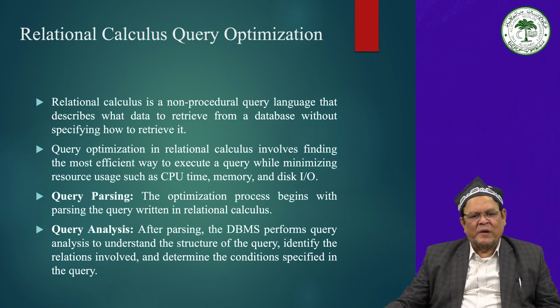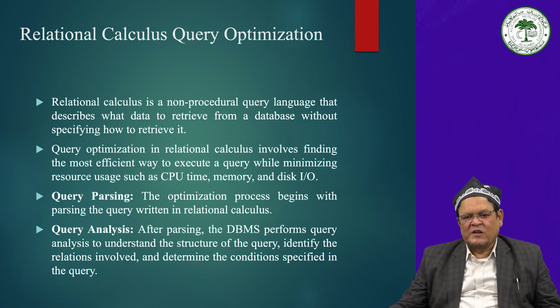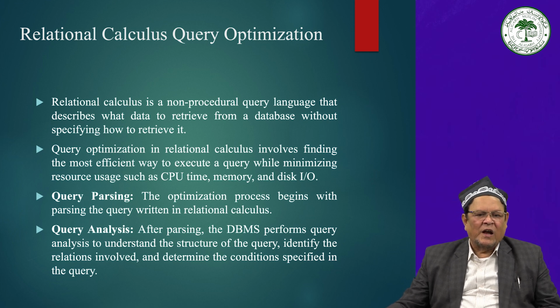Overall, query optimization in relational calculus involves a series of steps starting from query parsing and analysis to cost estimation, plan generation, selection, and execution. The goal is to find the most efficient way to retrieve data from the database while minimizing resource usage and maximizing performance.